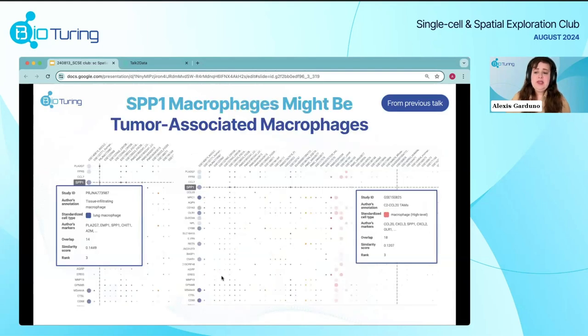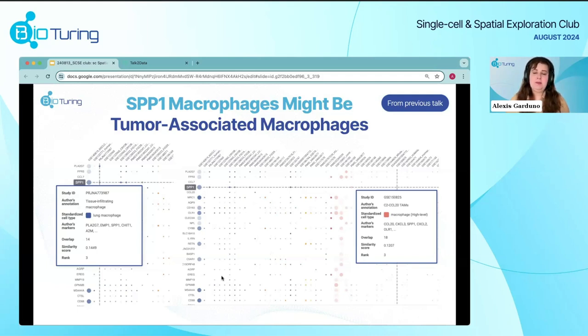Okay. So going into more detail of how we were able to examine this using the cell typing tool, while examining the SPP1 macrophages using the cell type prediction result, we found several other lung cancer research groups that annotated or identified the clusters as tumor-associated macrophages.